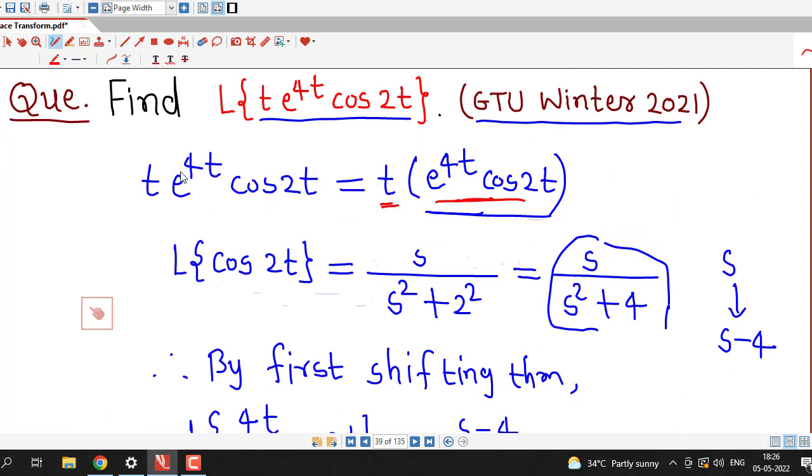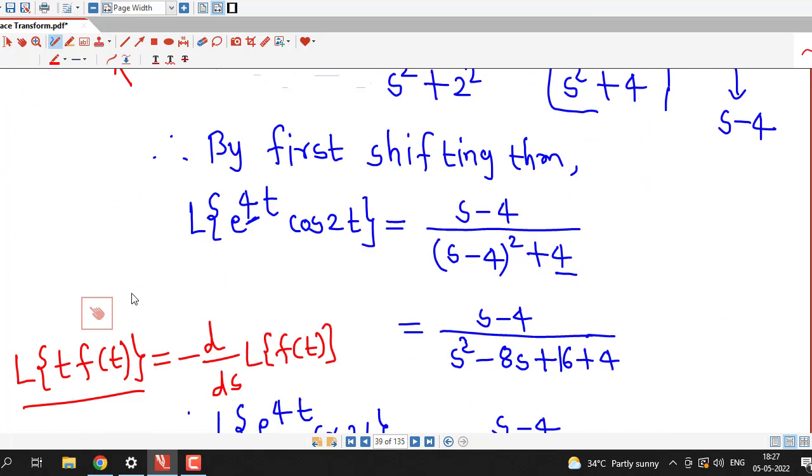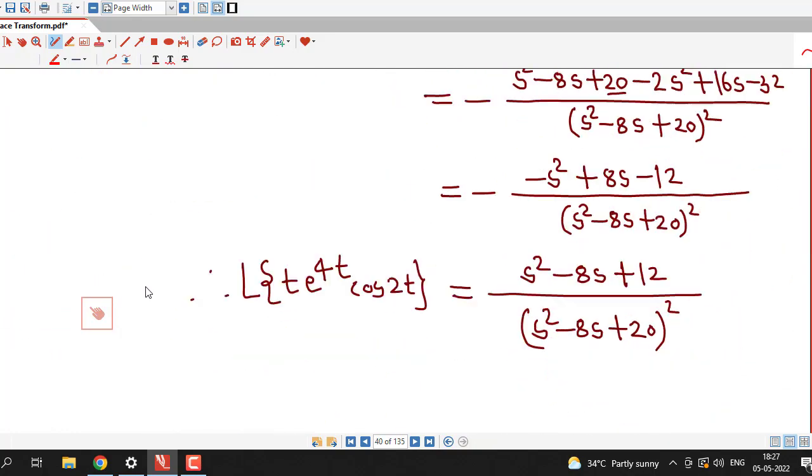Now we reverse this process. We now rewrite this as e raised to 4t times t cos 2t, and first we obtain the Laplace transform of this by using the multiplication by t raised to n formula, and then we apply the first shifting theorem, and we will see that the answer will be the same.